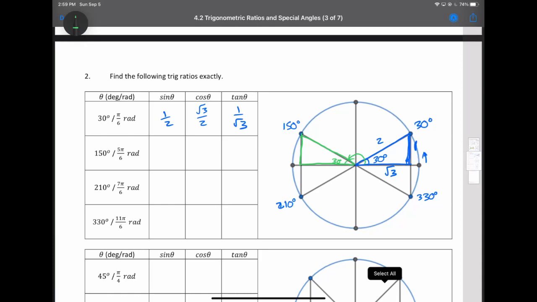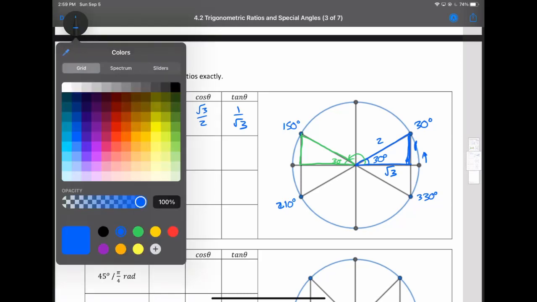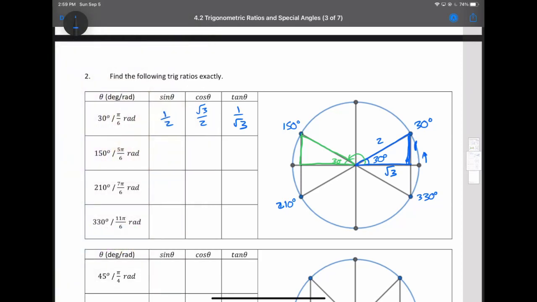The only thing that's going to be different is that there's going to be some sign differences, or it could possibly be some sign differences, but that's what cast is for. So for the 150, we can conclude, switch back to here, that we should have the exact same ratios. 1/2, root 3 over 2, and 1 over root 3, because we're dealing with the exact same shaped triangle as we were in quadrant 1.